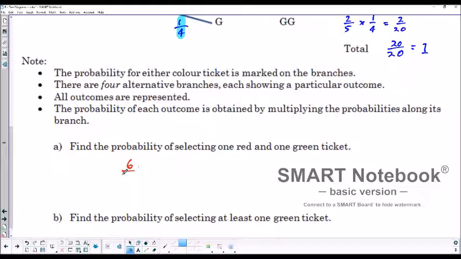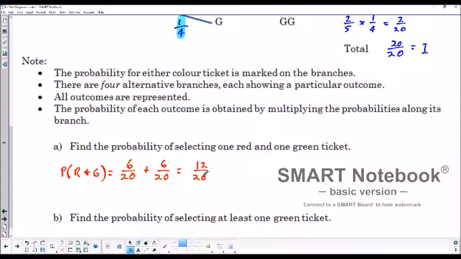So we've got 6/20 probability of selecting in one order, and then 6/20 in the other order. Therefore, we have a 12 in 20 probability of selecting red and green, and it doesn't matter the order.